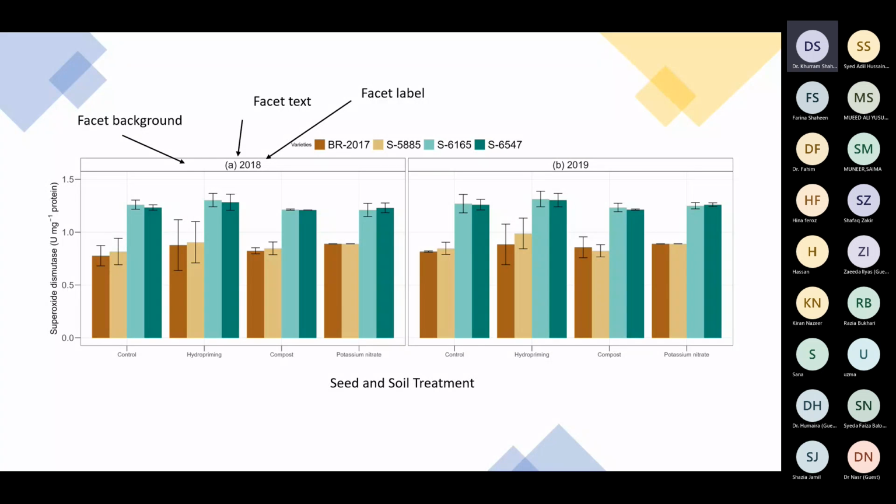So in seed and soil treatment, this is one factor and it shows control, hydropriming, compost, and potassium nitrate. These are its levels. Then you see varieties in the legends. Varieties have four levels. So these have levels. And one more thing is also present in this graph, which also has levels. So you have to find which is the third factor in this graph.